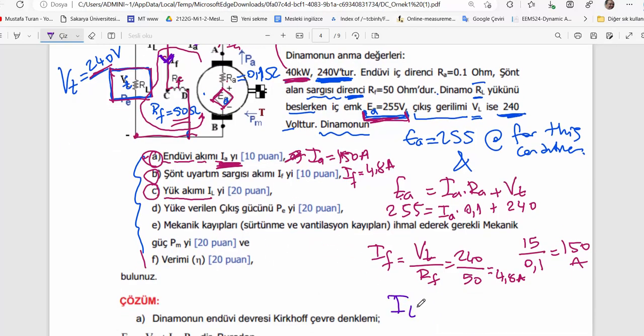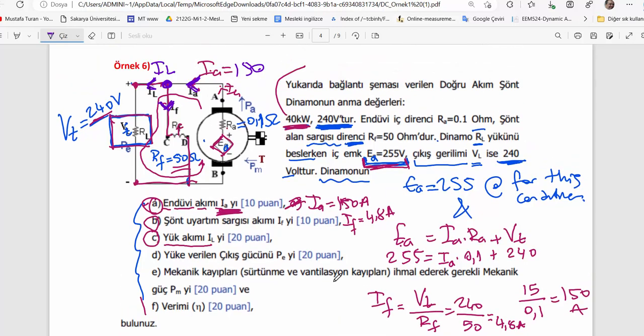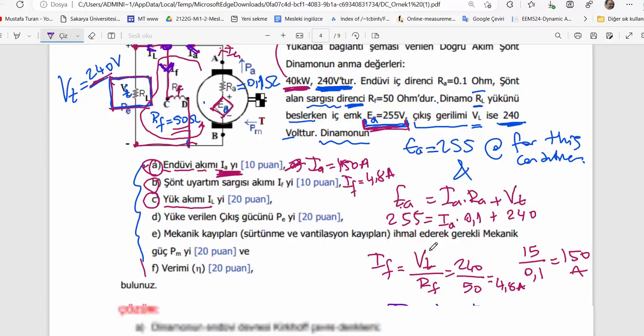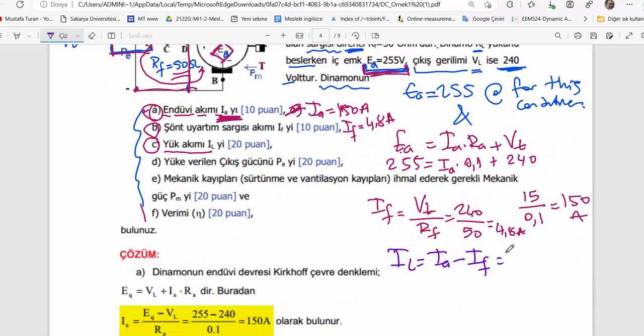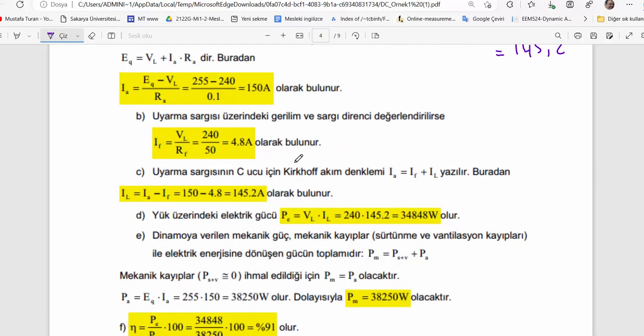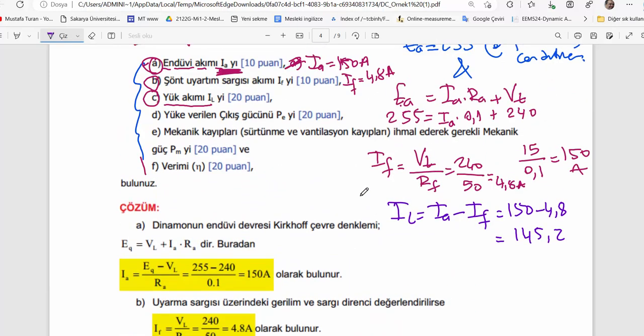Load current is equal to armature current minus field current. That is DC. There is no phase displacement. 150 minus 4.8 makes 145.2, yes, here it is given. That is the load current.